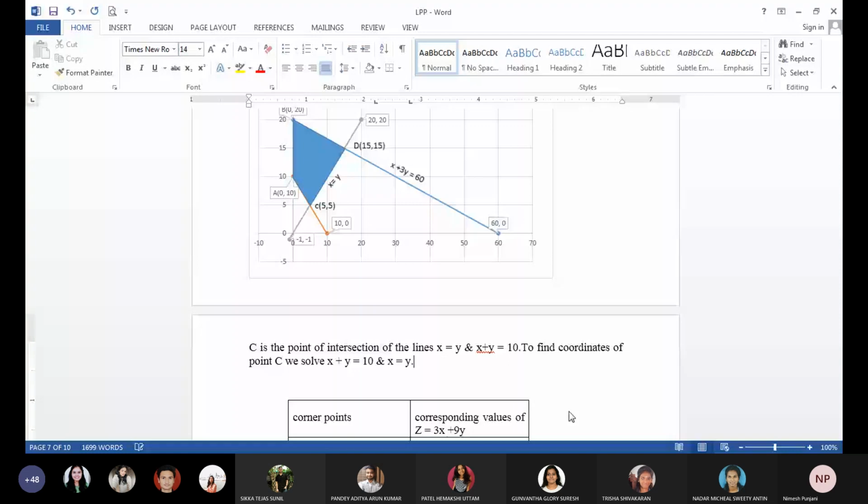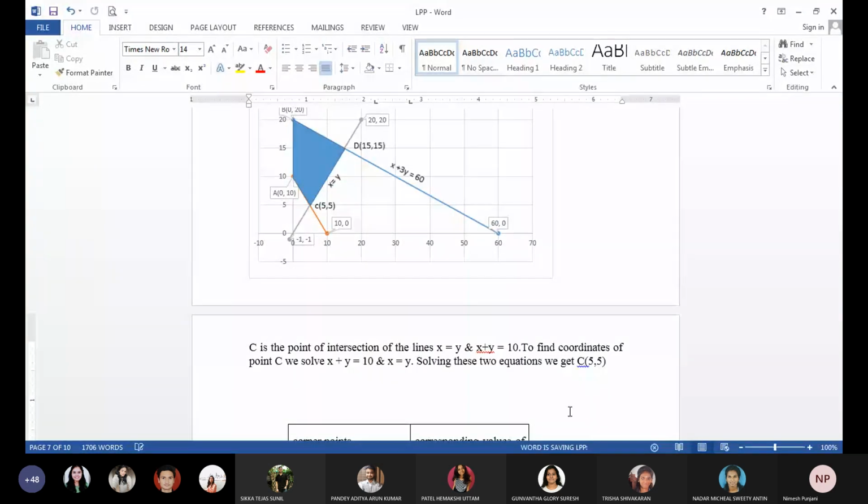Solving these two equations, we get the coordinates of C as 5, 5. You can check solving. In fact, this is much easier. Put x equal to y in the equation x plus y equal to 10, and you will get 5, 5.